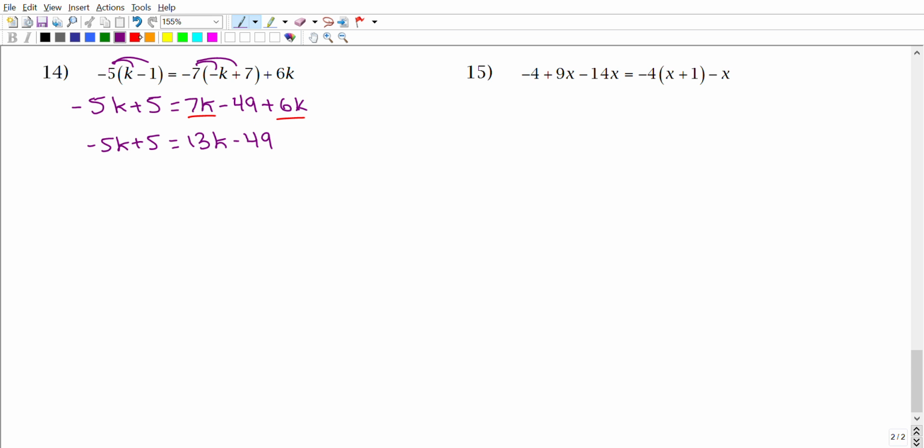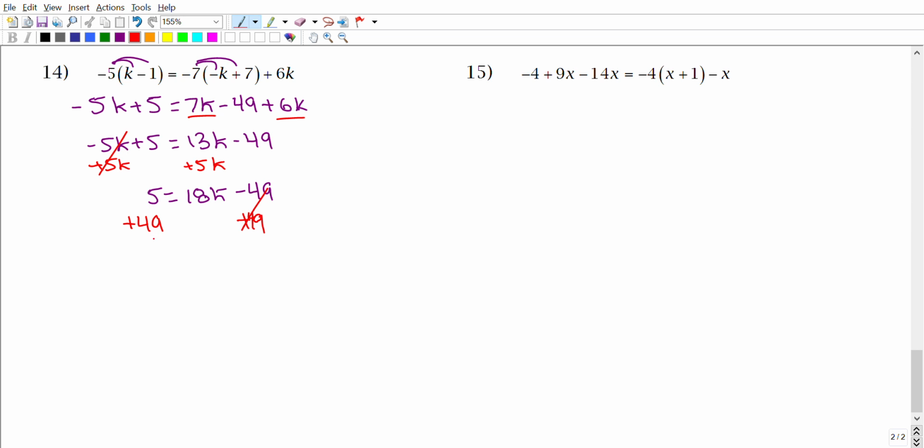All right, can't combine anything else, but now I can move my smaller variable. So I add 5k to both sides. Get 5 equals 18k minus 49. We can move on to adding the 49 on both sides.